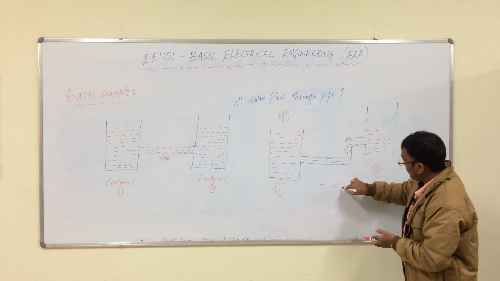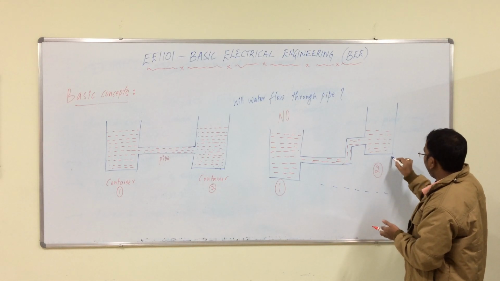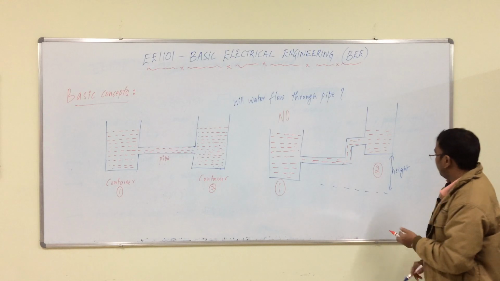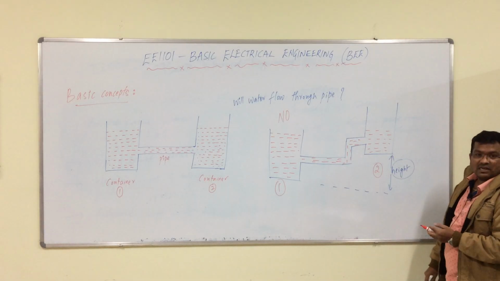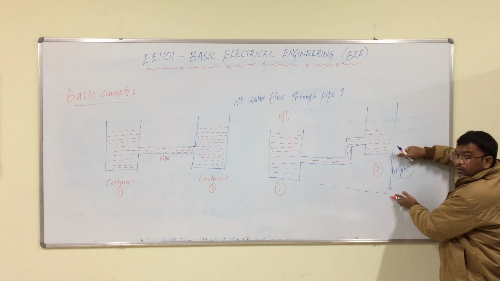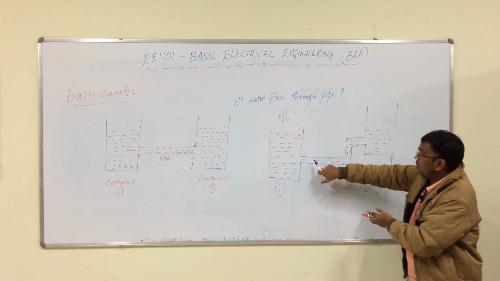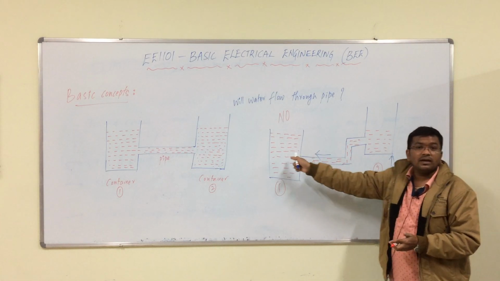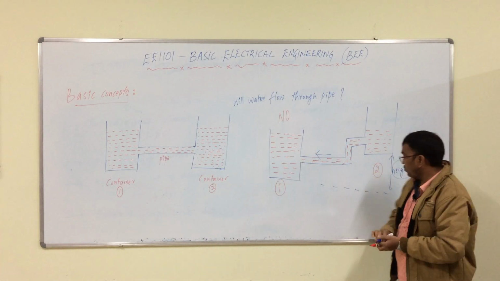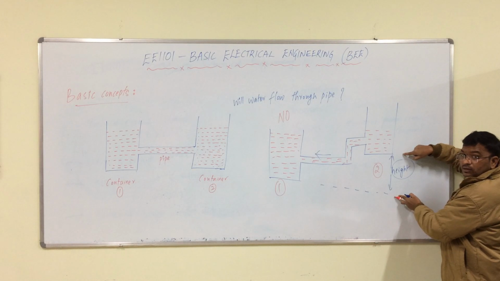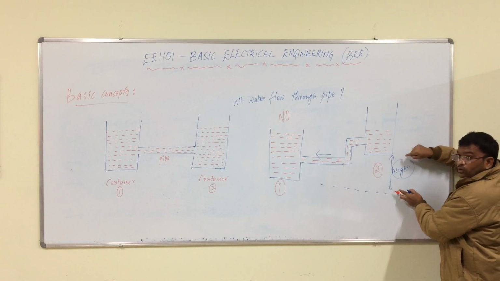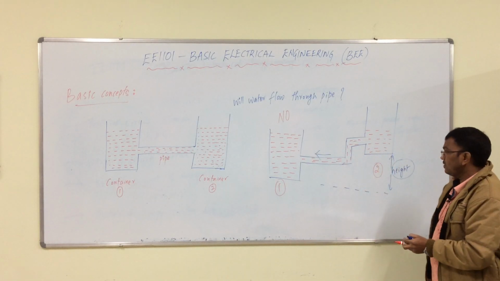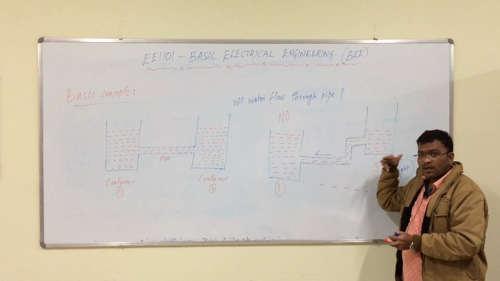So, this is the ground level for example. So, this height makes the difference. This height difference makes the water flow through this pipe from this container to this container. So, this height difference makes water flow from this container to this container, which means obviously there is a water flow through this pipe.